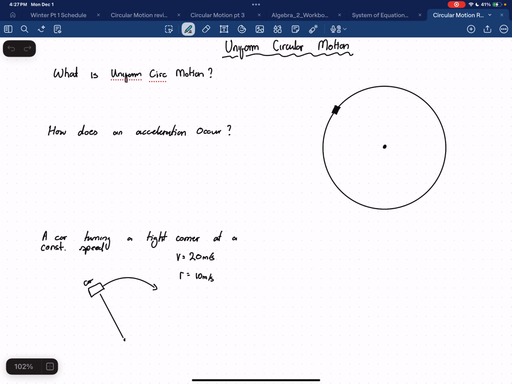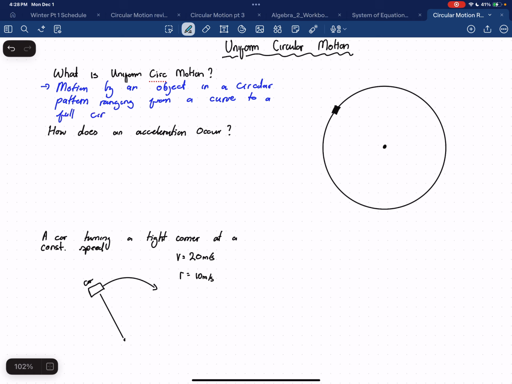What is uniform circular motion? Motion by an object in a circular pattern, the patterns ranging from a curve to a full circle.